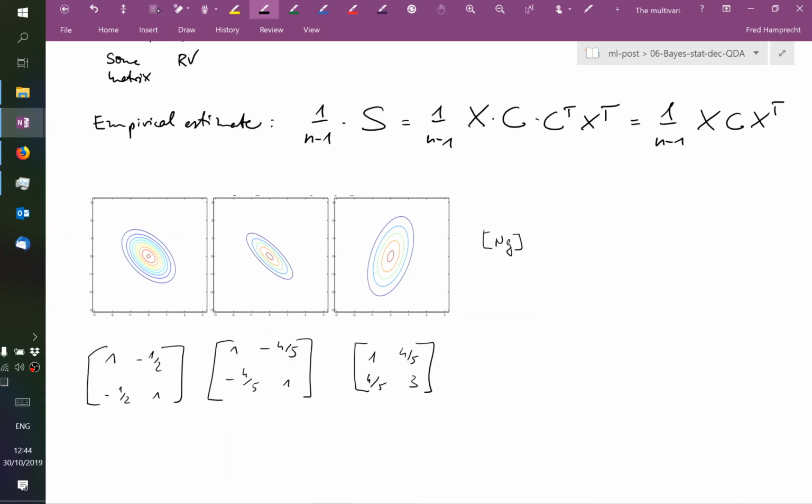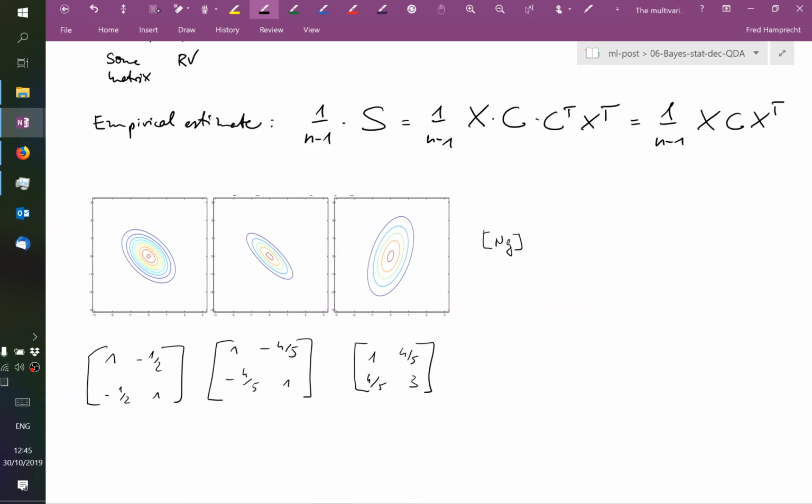So here we would have a variance of 1 along this axis and along that axis. And we have some negative entries here, so we have some negative correlation. Here, the negative correlation has become stronger. If it were infinitely strong, so then I would have a minus 1 here and a minus 1 there, then my distribution would be concentrated along this diagonal line here.